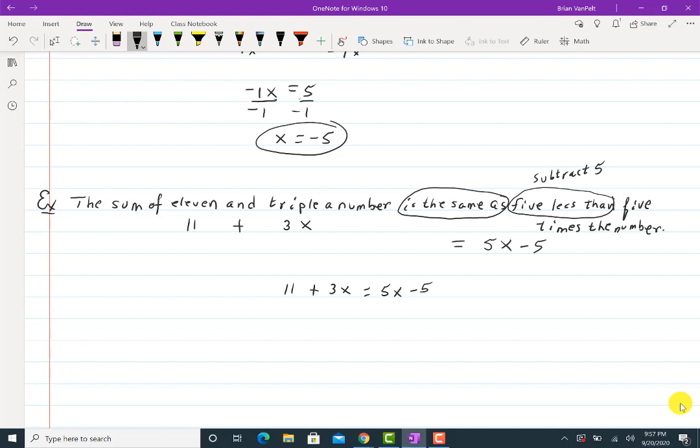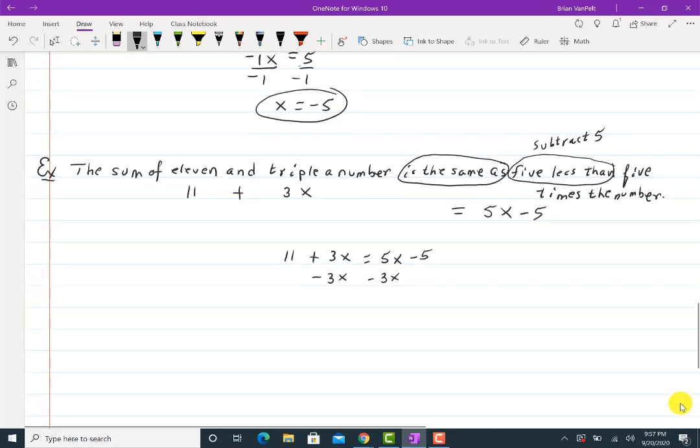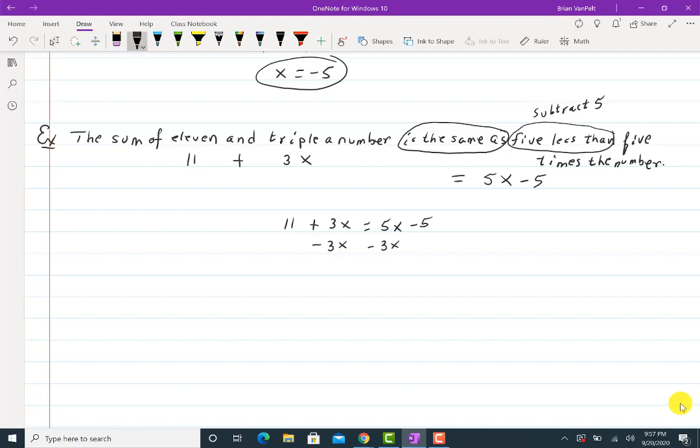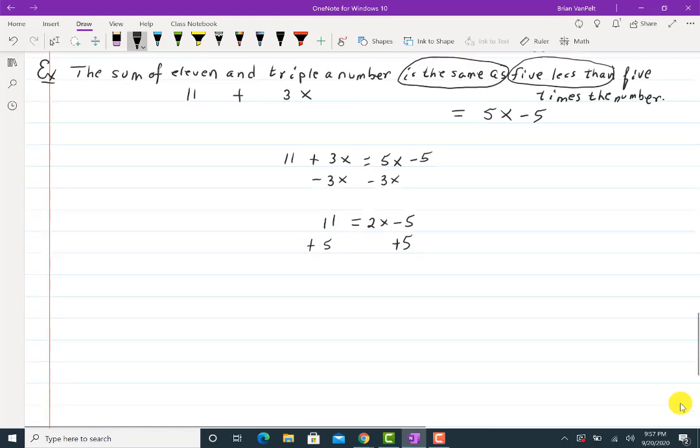Once again, the first objective is to get the x on one side, and it seems to me a little bit more advantageous to get it on the right side because I'll avoid a negative in front of the x. And what will I have? I will have an 11 on the left, and on the right, I'll have 2x minus 5. Next, I will add 5 to both sides of the equation.